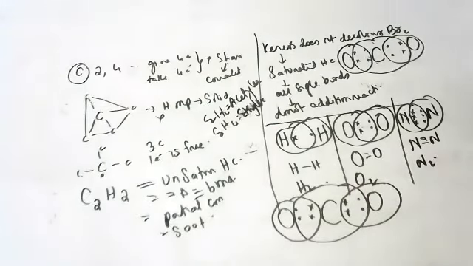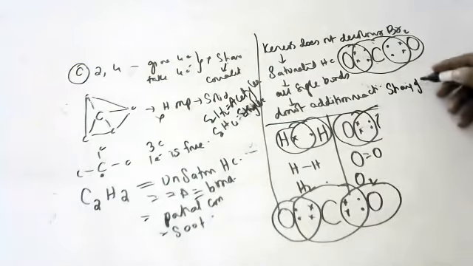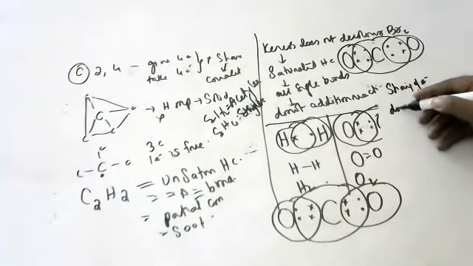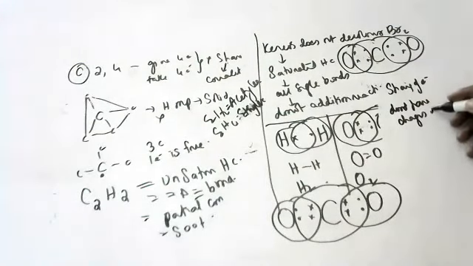Next, what are the properties of covalent compounds? Covalent compounds are formed by sharing of electrons. They don't have free charges or ions.